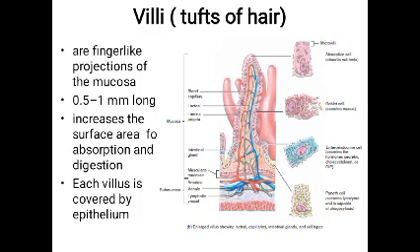Villi, or tufts of hair, are finger-like projections of the mucosa, 0.5 to 1 mm long, that increase the surface area for absorption and digestion. Each villus is covered by epithelium.